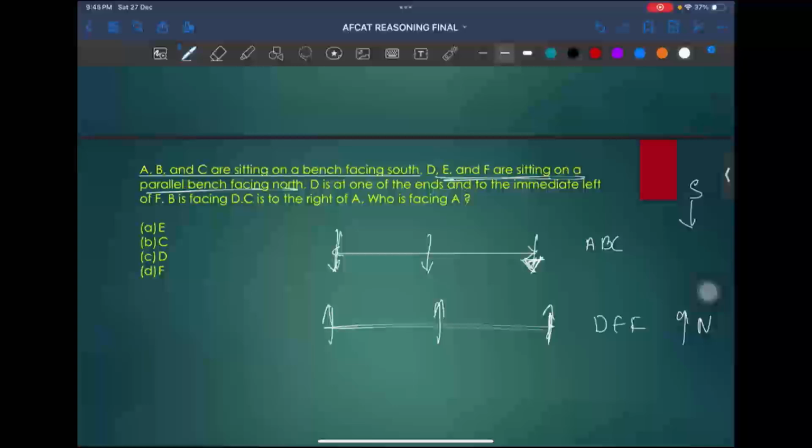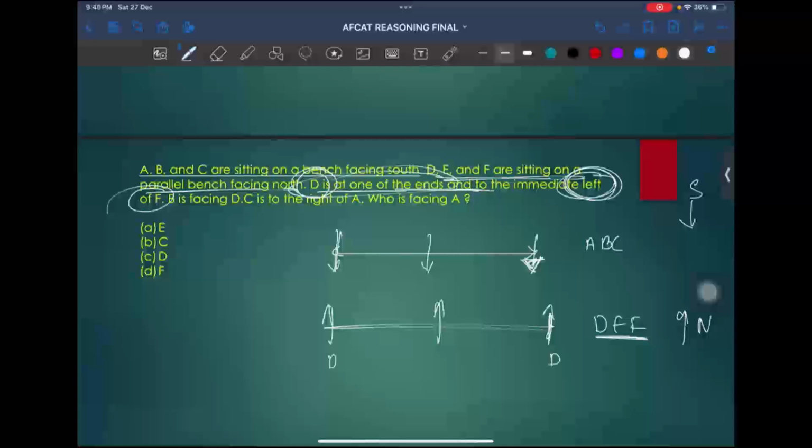D is at one end, and to the immediate left of F. So here they have given that D is at one of the ends. It may be this end or this end.